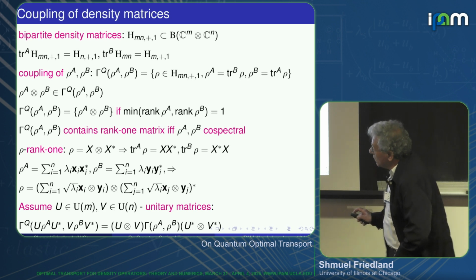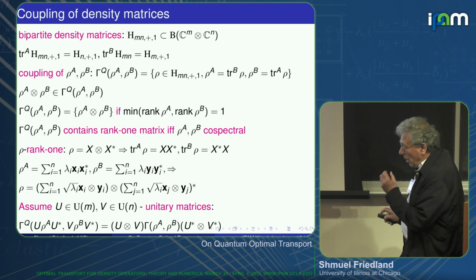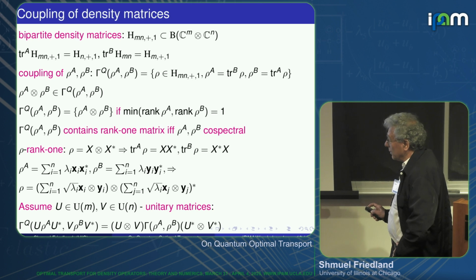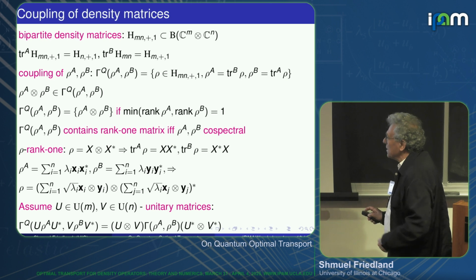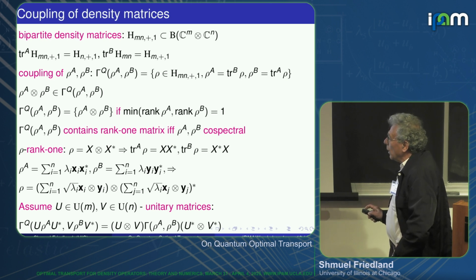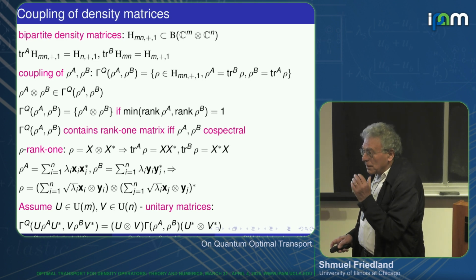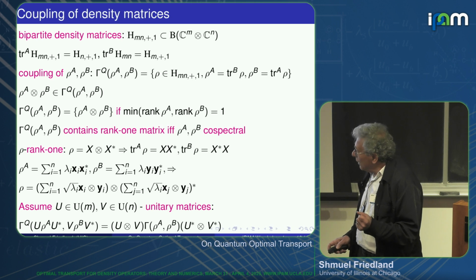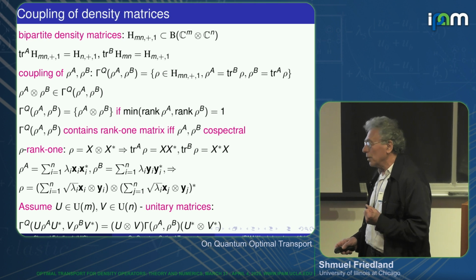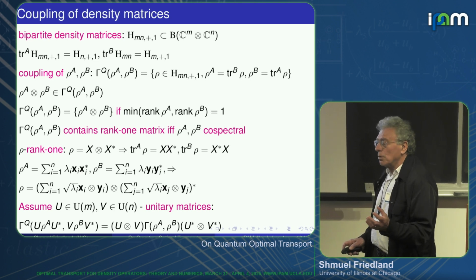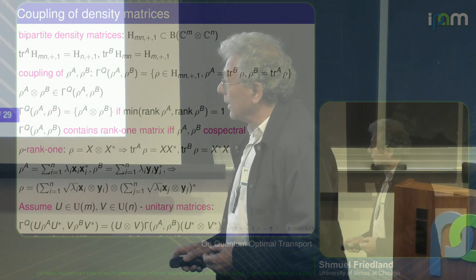So the question is when the coupling contains a rank 1 matrix, and it's easy to show that this happens if and only if rho_A and rho_B are cospectral, because each one is a positive semi-definite matrix of rank 1 and trace 1, and then we can talk about eigenvalues. Cospectral means that they have the same eigenvalues, or they are similar by unitary matrices.